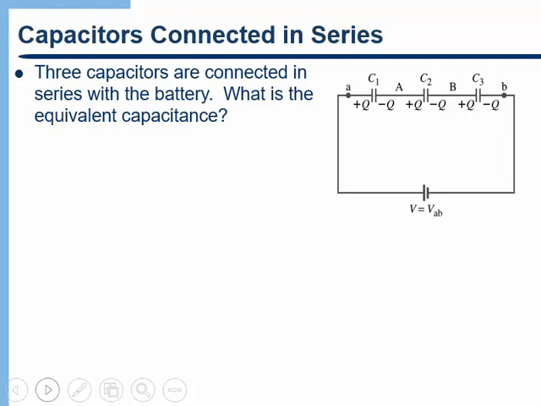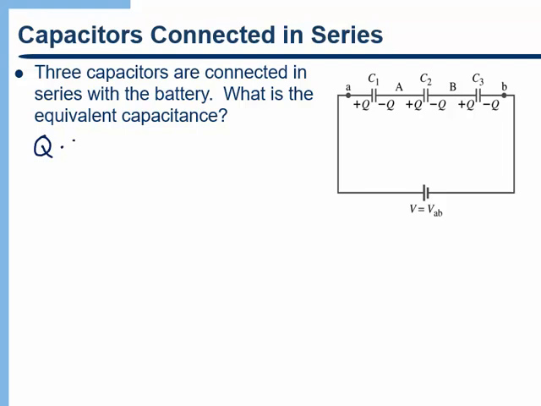Let's look at what happens with capacitors in series. The first thing is, in a series circuit, we know the current is the same everywhere. So that means that the charge has to be the same everywhere.